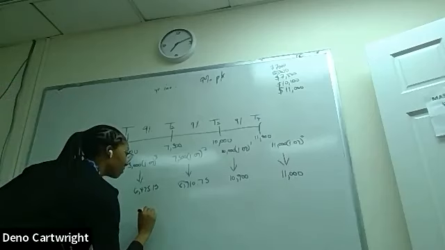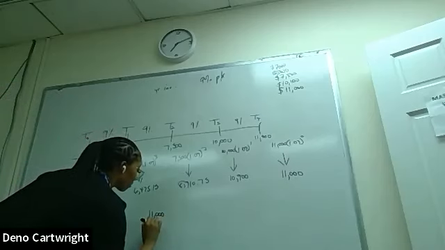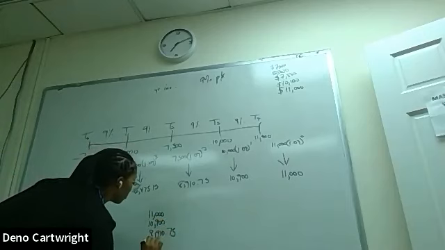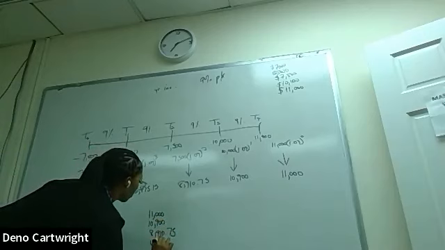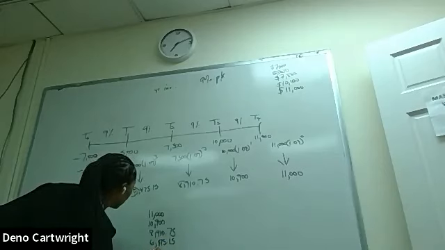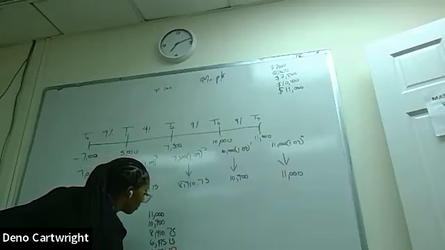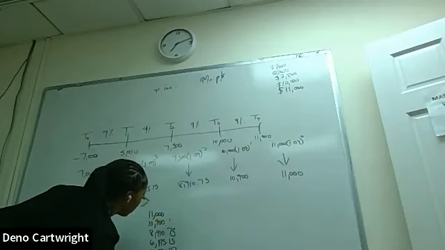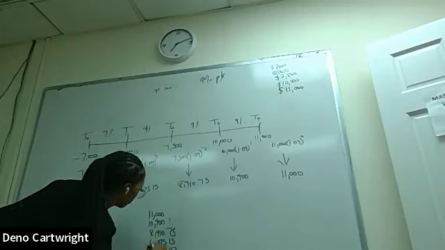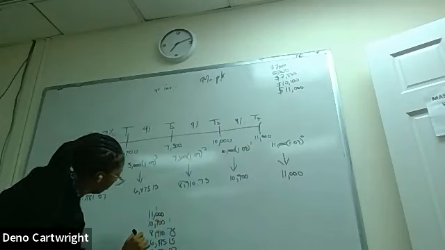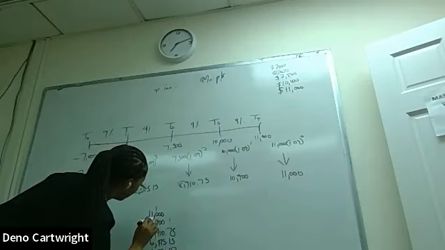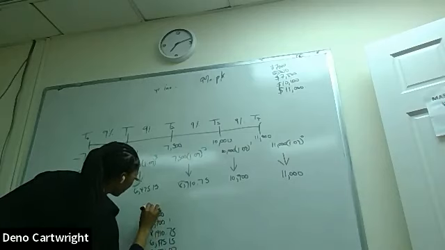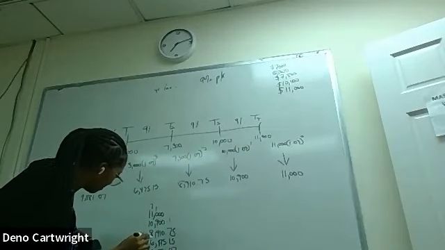Okay. Tree. Oh, you didn't do it right? 10, 19, 23.